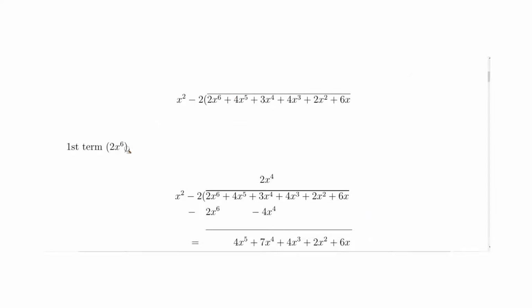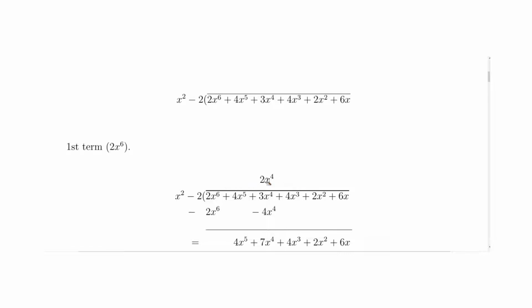So first term, 2x to the power of 6. 2x to the power of 6 divided by x squared gives us 2x to the power of 4. You see I've moved that along the line in line with the x to the power of 4 value here, so it's easy to read.